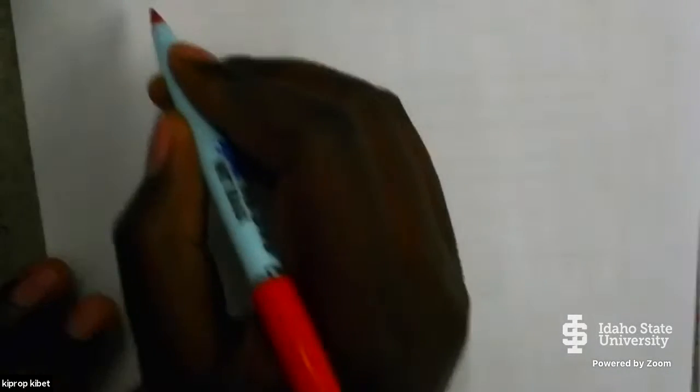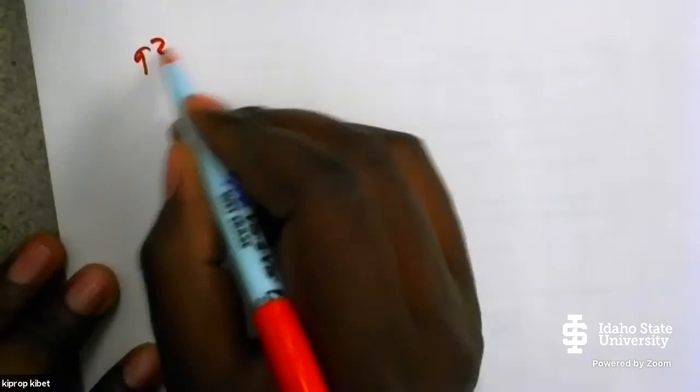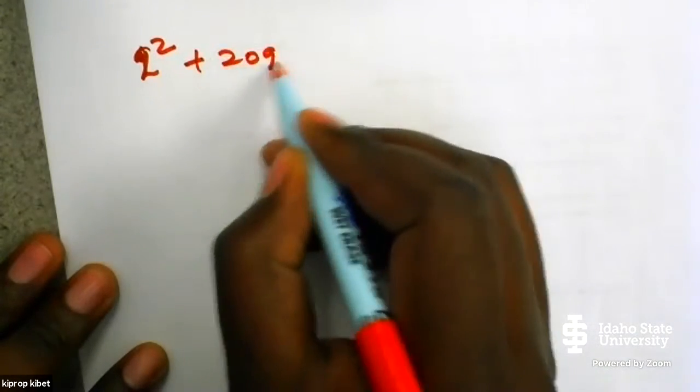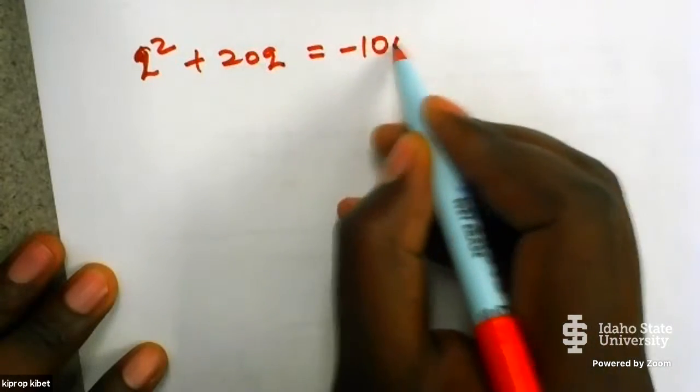All right, so we can do another example. q squared plus 20q equals minus 104.